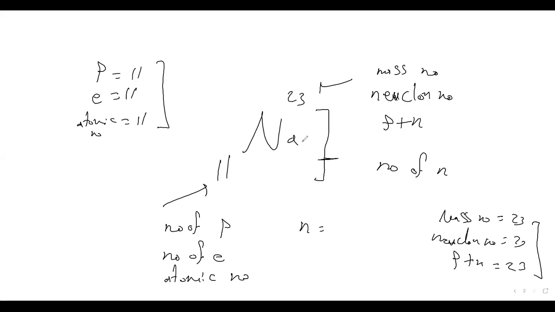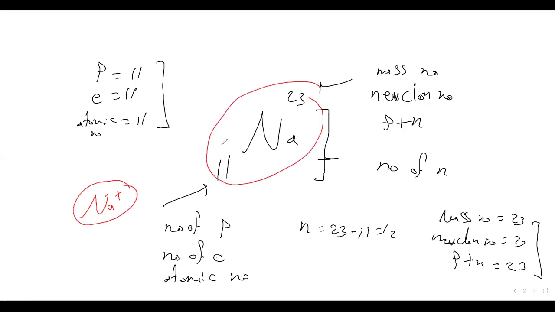The number of neutrons equals mass number 23 minus 11, equal 12. And the difference between an atom and an ion, for example Na and Na+, is in the number of electrons only.